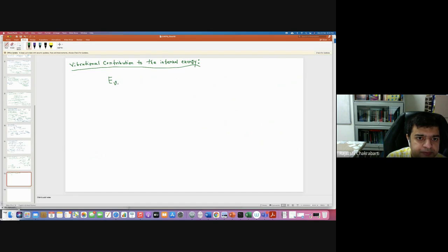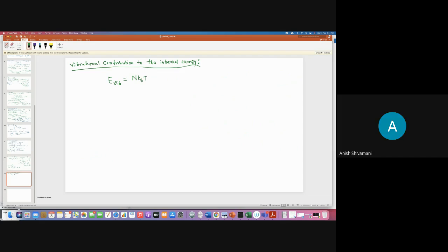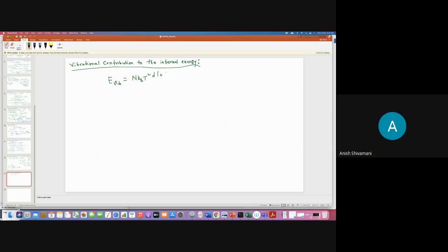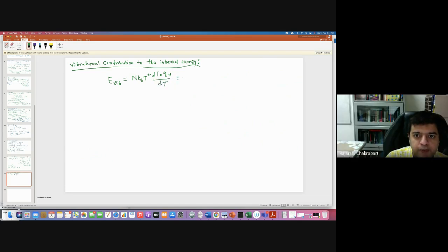Can anyone tell me? You know, this is N kBT square, d ln q dT. I can write it like this, no? And this is also minus N d ln q d beta. You remember this, no? Yes, sir. Now, what is ln qv?